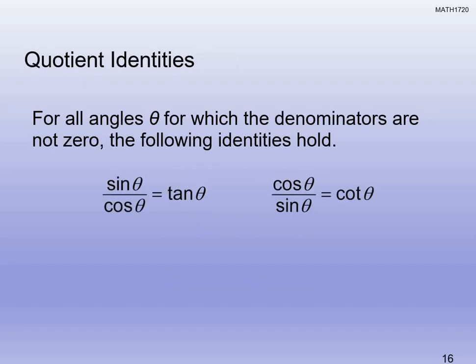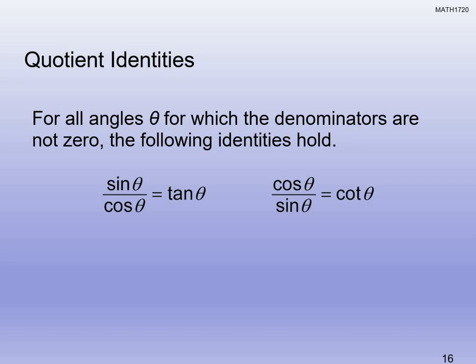These are called the quotient identities. What's quotient really mean? Remember, quotient means division. So we're dividing. In this case, it's a simpler way to rewrite tangent of theta. Tangent of theta is sine over cosine. Because why? Remember, tangent was opposite over adjacent? Well, what always dealt with the opposite side of your triangle?